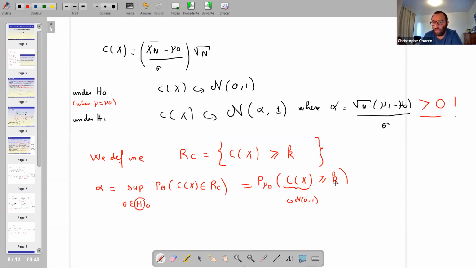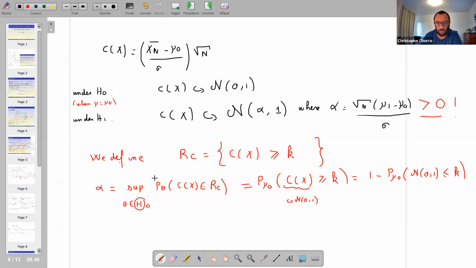If I give you a K, since I know that when I have mu 0 this follows the N(0,1), I am able to compute this probability from tables of the Gaussian distribution. I can write it as 1 minus the probability under mu 0 that the N(0,1) is less than K. And here you have the distribution function of a Gaussian, something that I can know with tables.